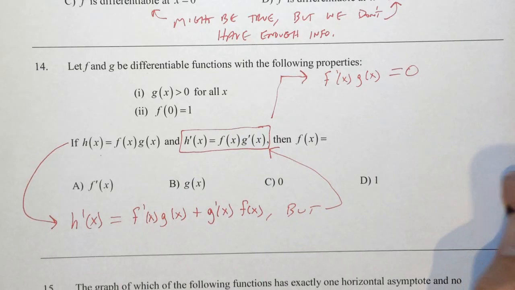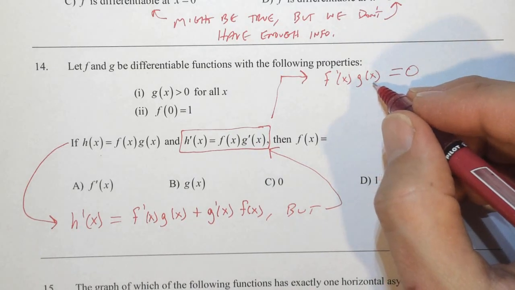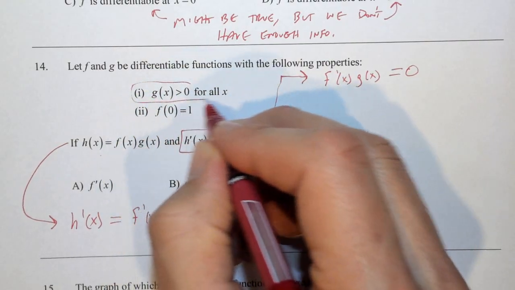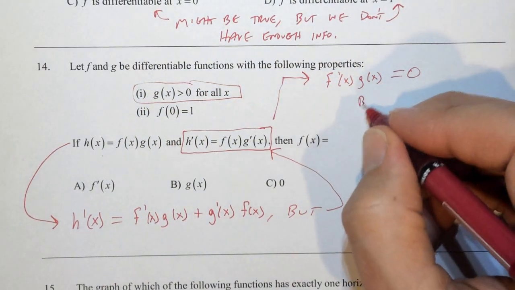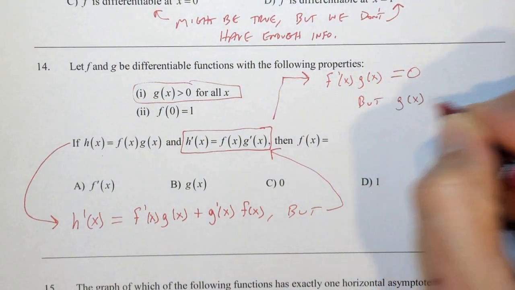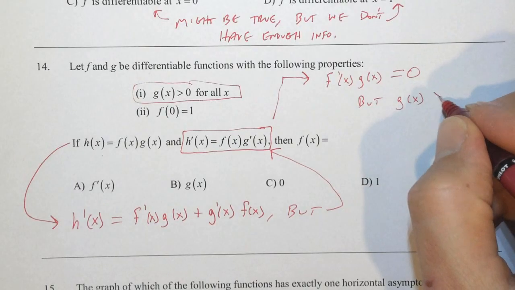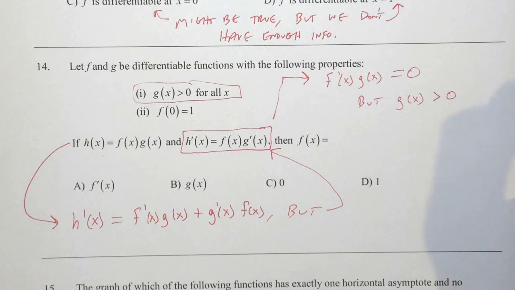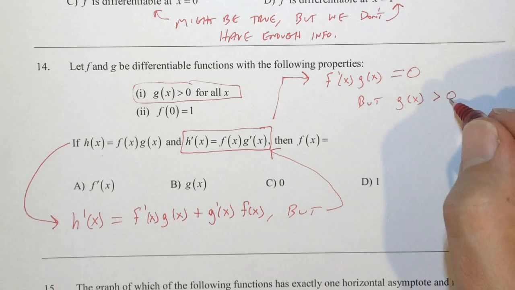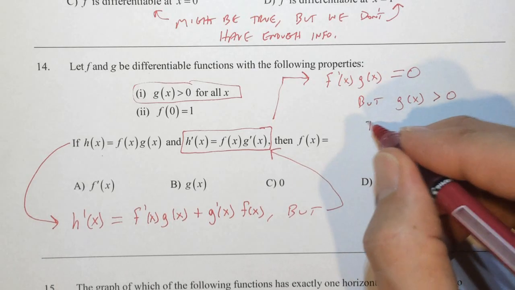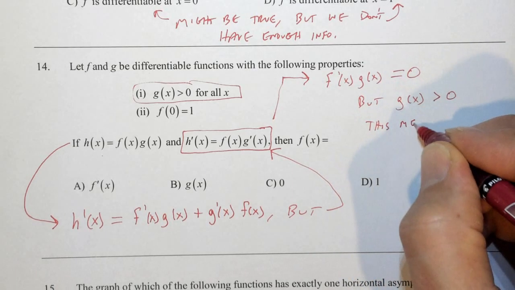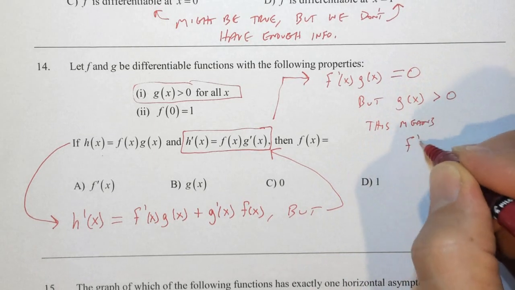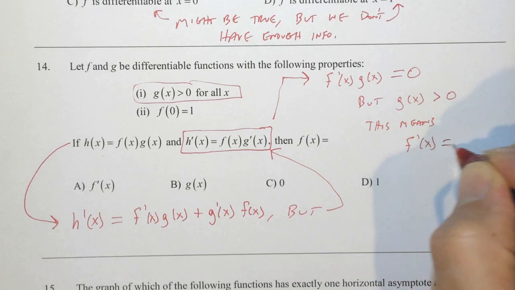Well, what do we know about g? G is always positive. So g of x can't be 0 because g is always positive. Right? This means f prime of x must equal 0.